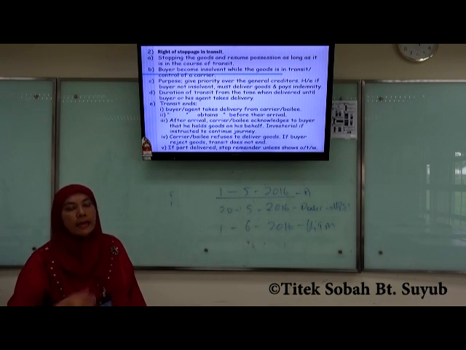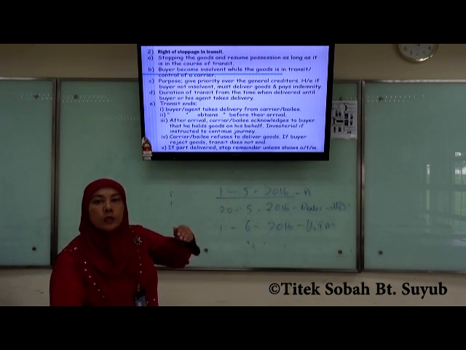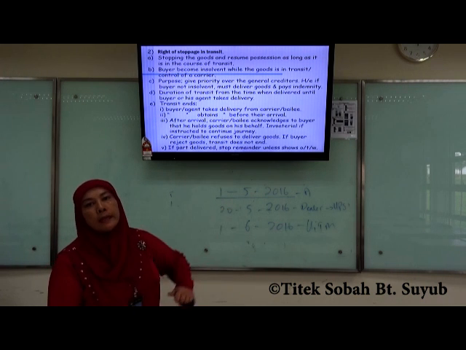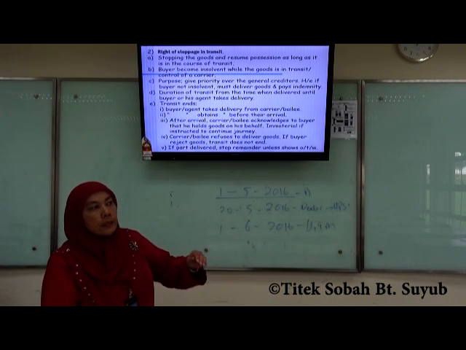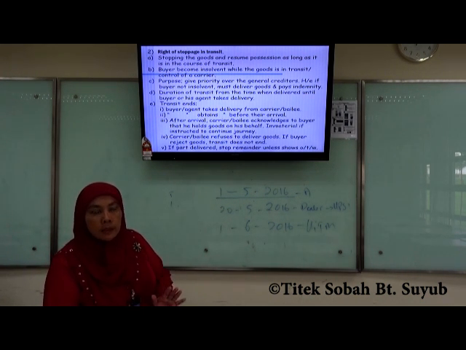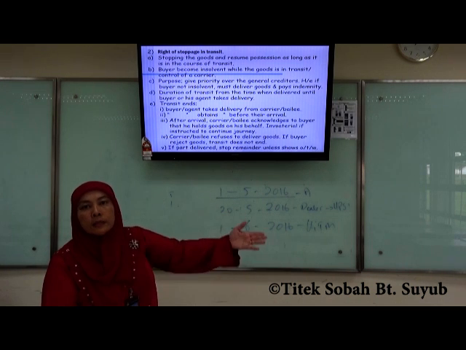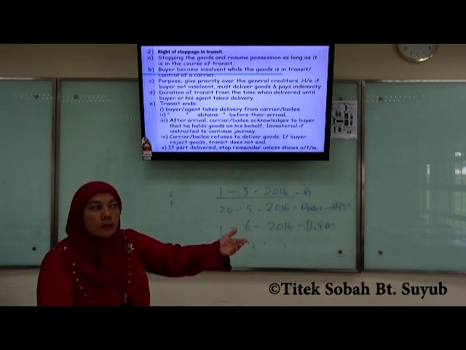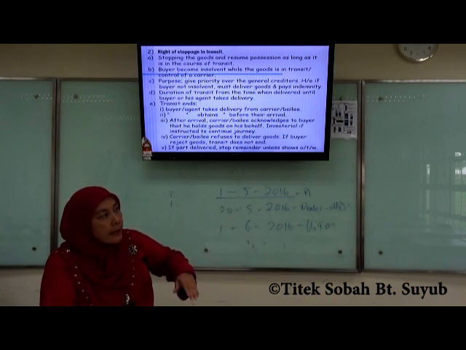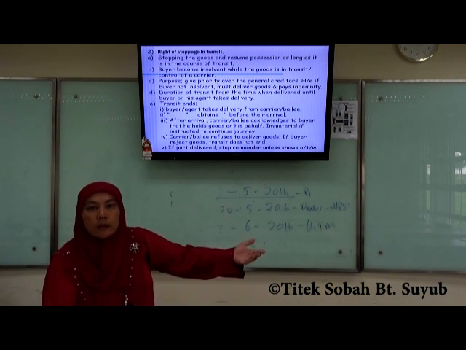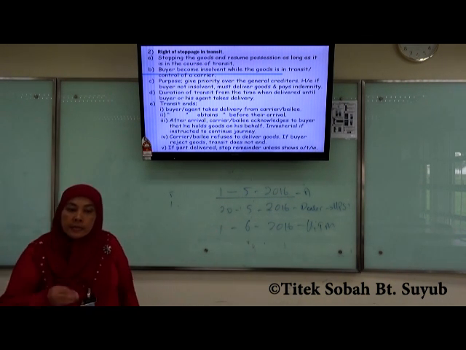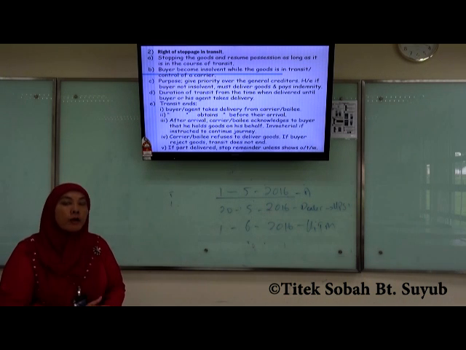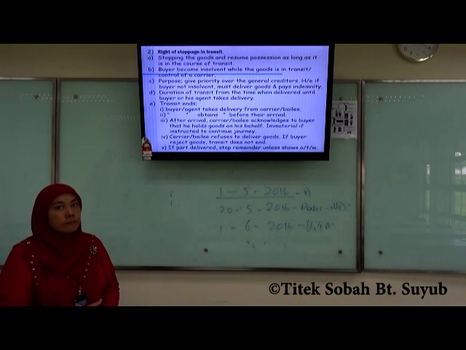However, this right is exercised when the goods are on their way to the buyer. So meaning the goods are no more with the seller and are on their way to the buyer. Maybe the goods are with the courier service, or maybe the goods are inside the lorry on their way to the buyer. So the said seller can still stop the goods from reaching the buyer.